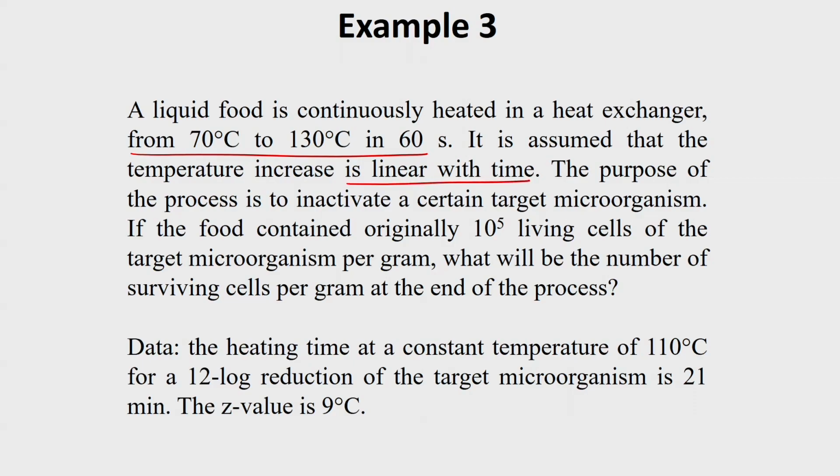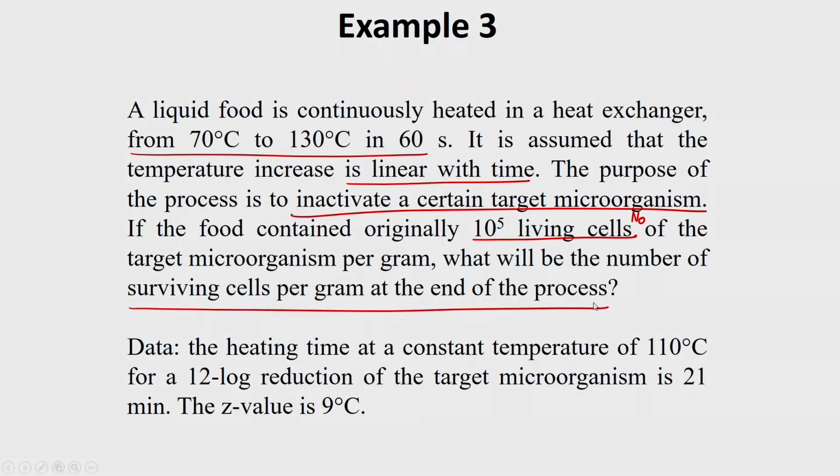The purpose of the process is to inactivate certain target microorganisms, right. If the food contained originally 10 to the power of 5 living cells, that is nothing but my initial spore level of the target microorganism per gram, what will be the number of surviving cells per gram at the end of the process? So, we are supposed to calculate at the end of the process how many living cells there would be.